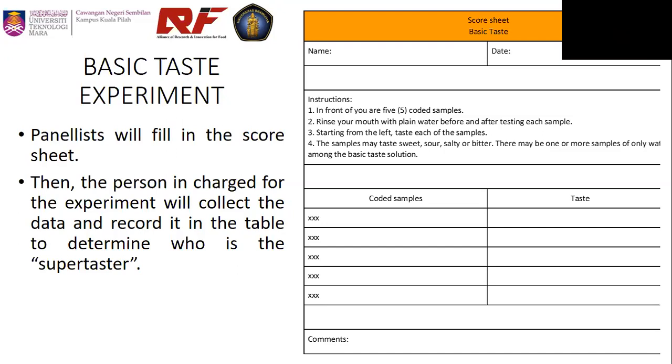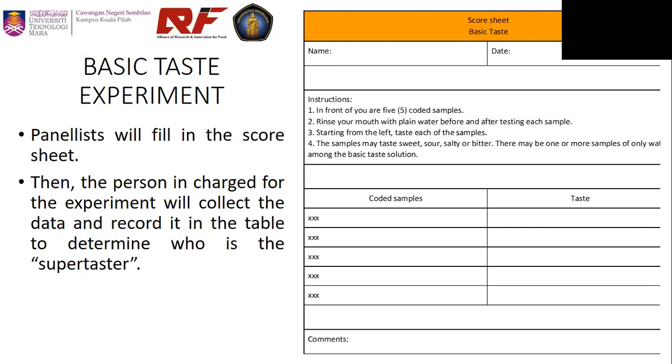And then we usually use a caffeine solution as the sample for bitterness. And then we use, of course, a diluted salt solution as the sample for saltiness. And for umami, usually we use monosodium glutamate solution.